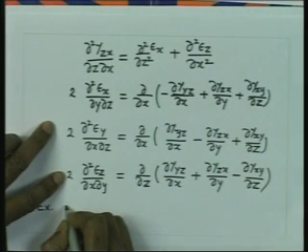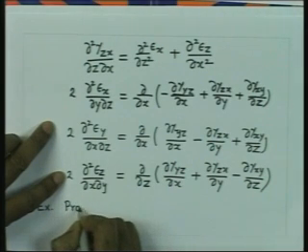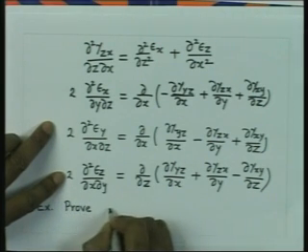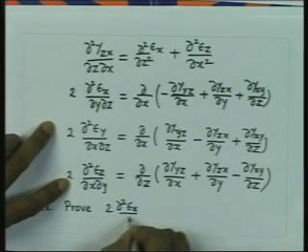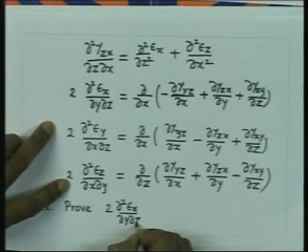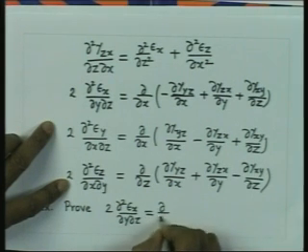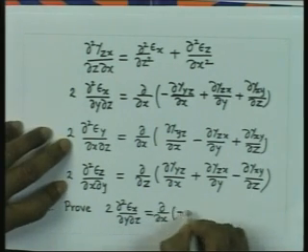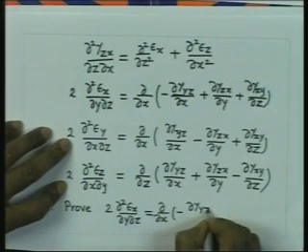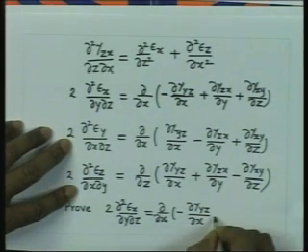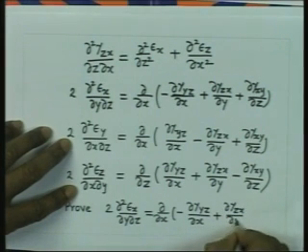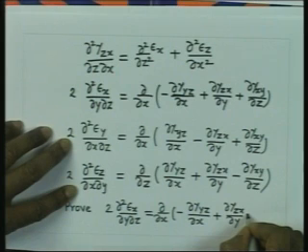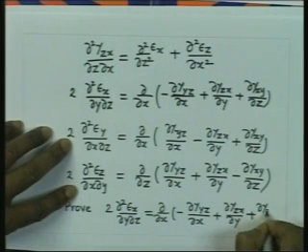So, therefore, prove delta 2 epsilon x by delta y delta z equals delta by delta x of minus delta gamma yz by delta x plus delta gamma zx by delta y plus delta gamma xy by delta z.